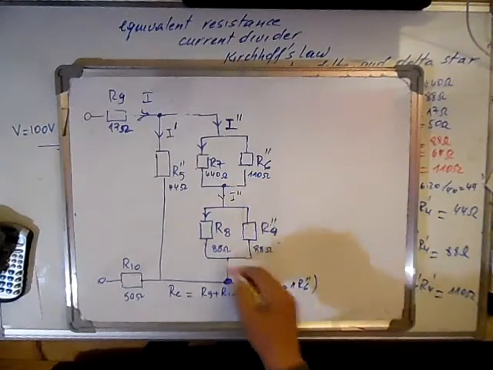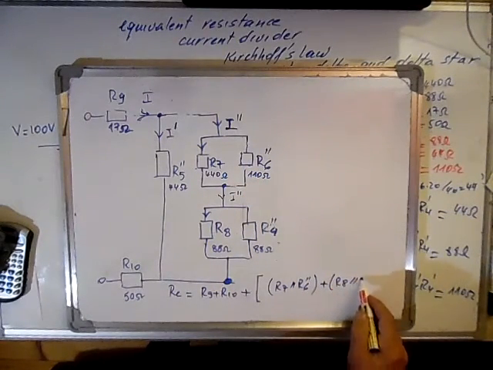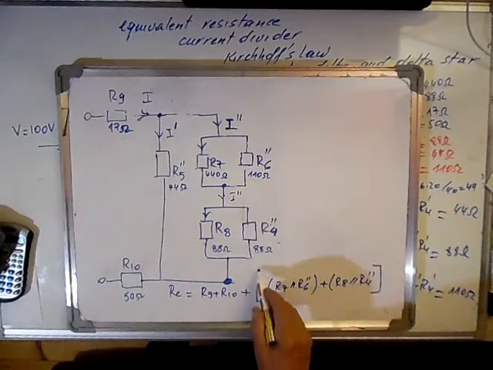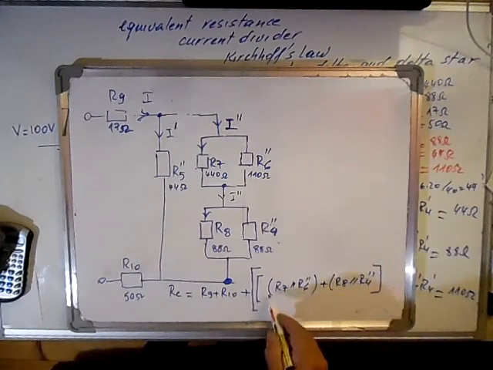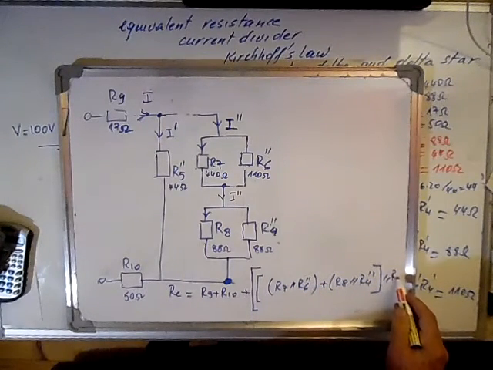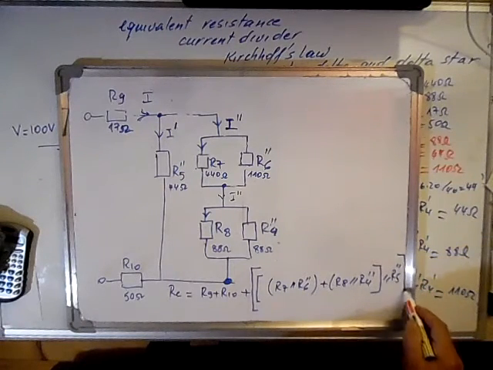These two are in series with these two, R8 which is in parallel with R4 2 prime, and these two are in parallel again with R5 2 prime.